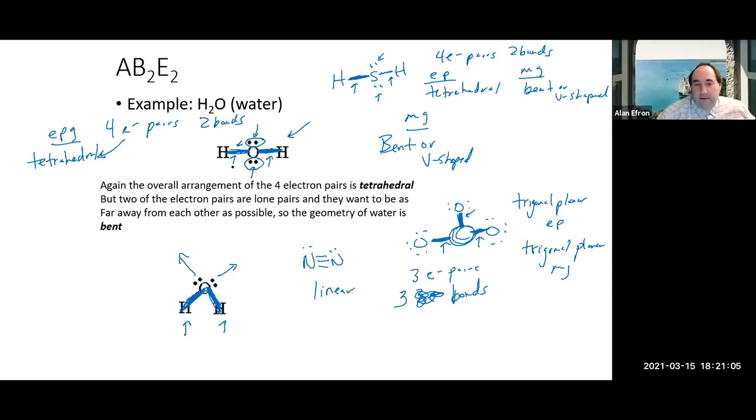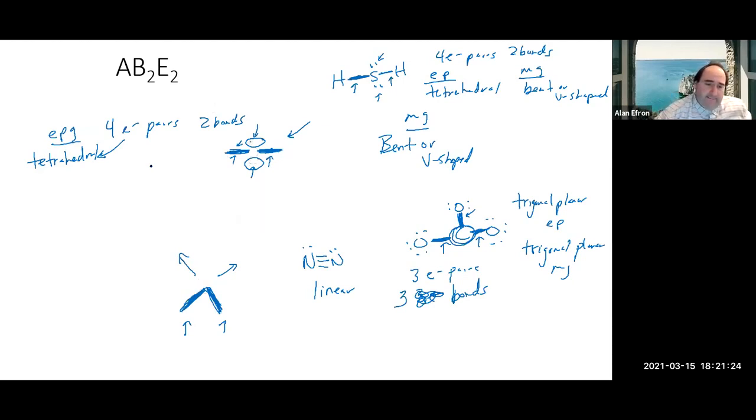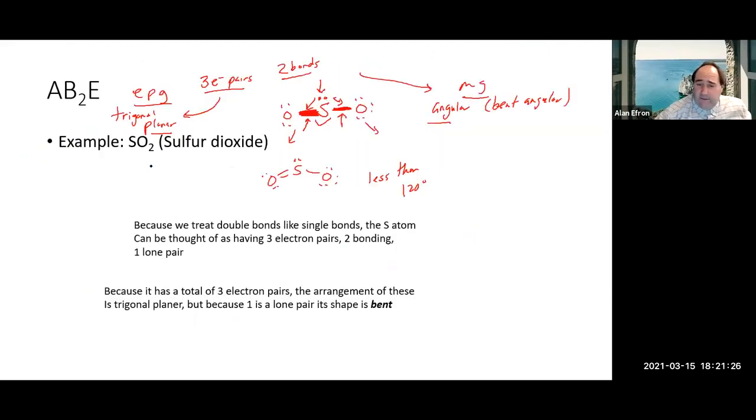No, you could either write bent or V-shaped, that is fine. And that's why with the earlier one, the SO2, I used angular. Some people do use bent angular, and there is a difference between this bent shape, if you will, and the one that we saw with the SO2. So for us, for this one, you should use something like angular or bent angular, and either one would be fine.